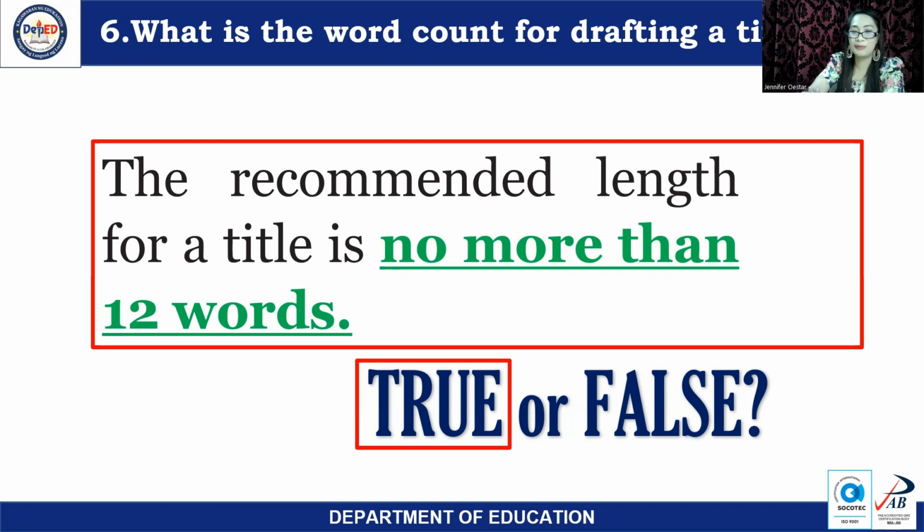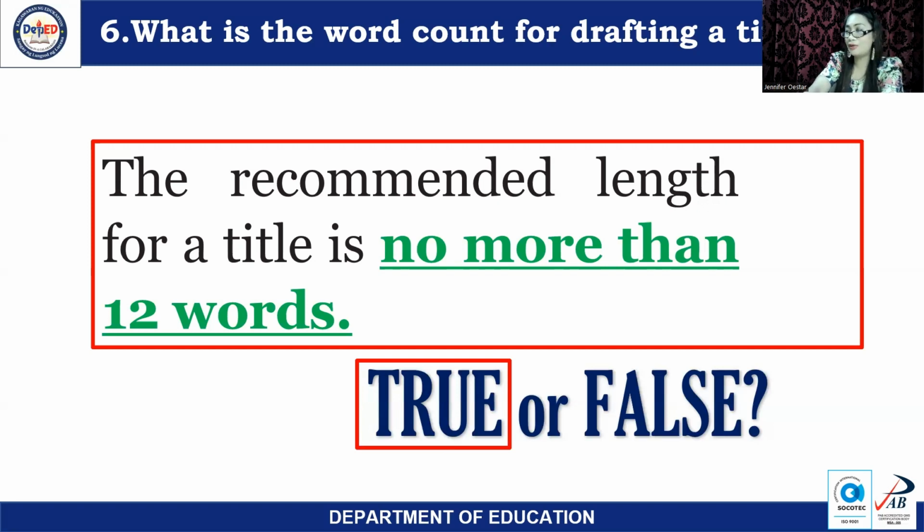Okay, this is true because, as a general rule, it's not exactly printed in the APA manual, but as a practice in universities, colleges, and educational institutions, the recommended number of words should not be more than 12 when we write our title because we are adopting a shorter version.